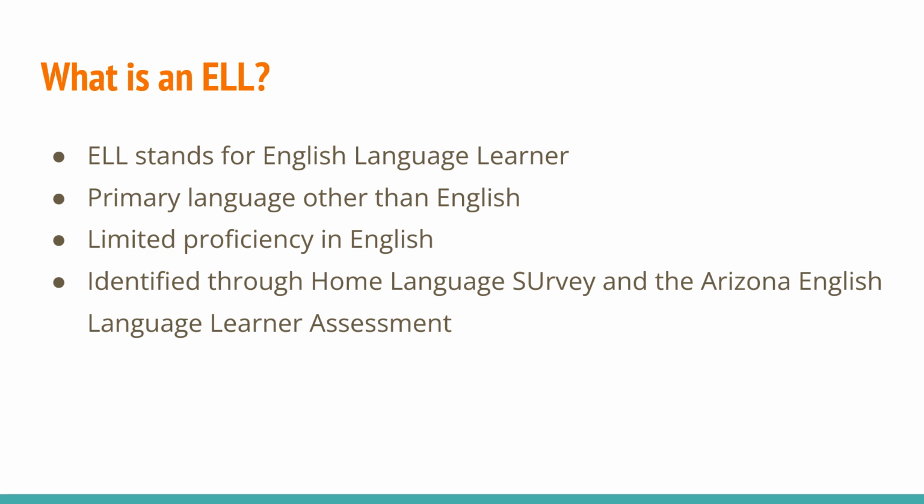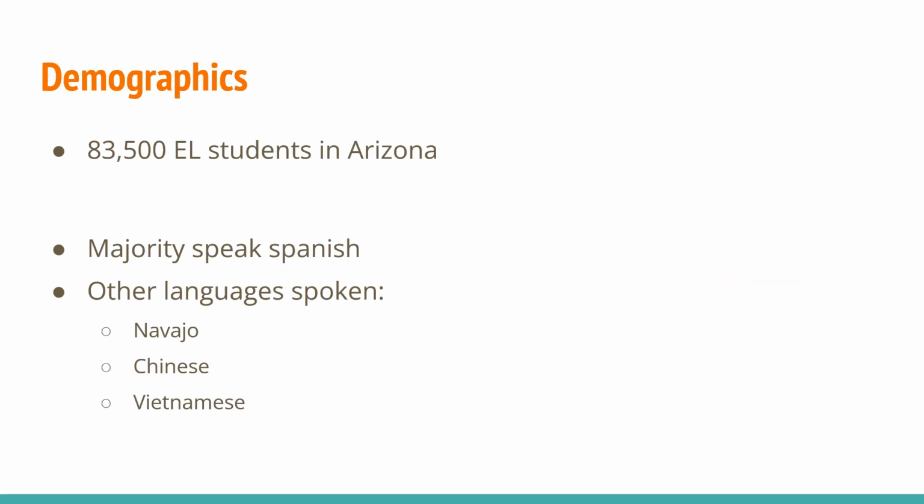They have limited English proficiency, and we identify these students through the use of our home language survey and the Arizona English Language Learner Assessment, which are two things we will be talking about in greater detail later in this presentation. English language learners make up 7% of all students in Arizona.